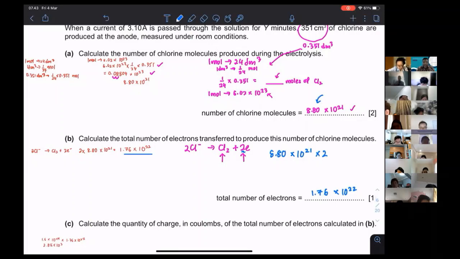Don't take the chance by just putting 8.8. Either you write down 8.804, that is better, but in a situation like this, I will always advise you to write down 8.80, so the 0 behind will add the number of significant figures.